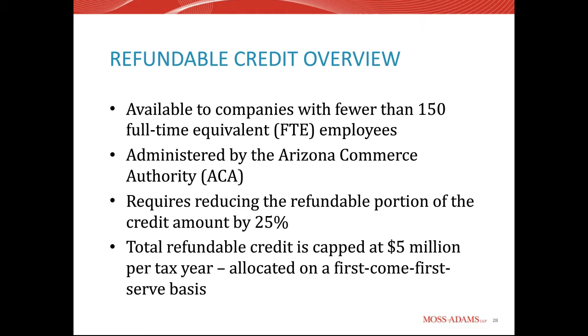So what we are seeing is we are filing a whole bunch on January 1st of each year. There's only 5 million that the state gives away, and so the first to get the applications in are the first to get the credit allocated. It is refundable, so you do not need to be paying any state income tax to get it. You just need to apply very quickly, as it does run out within the first week of the new year.